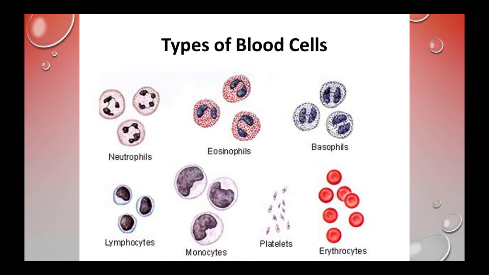Your lymphocytes are responsible for our B cells and T cells, and we'll talk about that more when we get into lecture. They make up about 25 to 33% of your total white blood cell volume. Then we have your monocytes, which are your largest white blood cell.